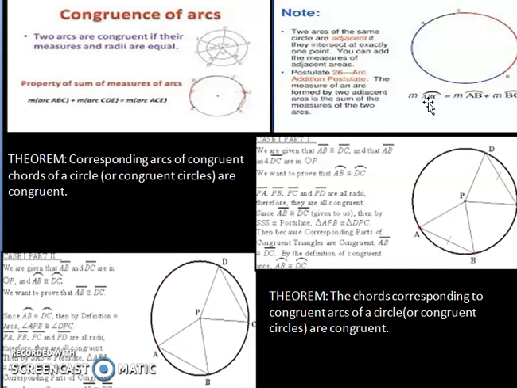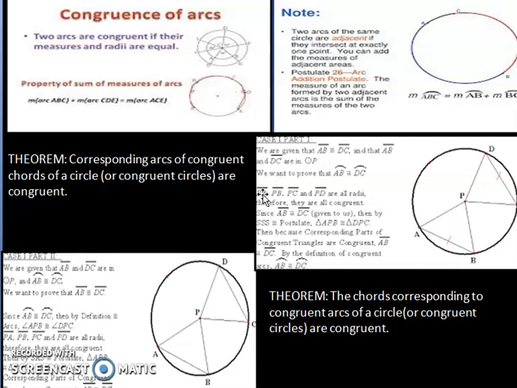We can write arc, or we can put this arc-like symbol on top. So the measure of arc ABC equals the measure of arc AB plus the measure of arc BC.